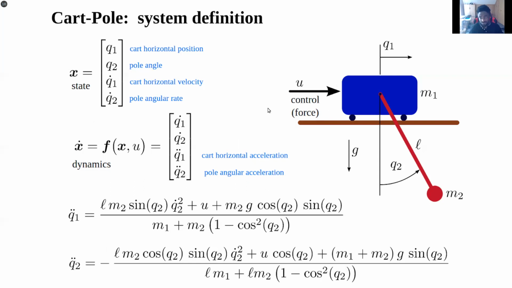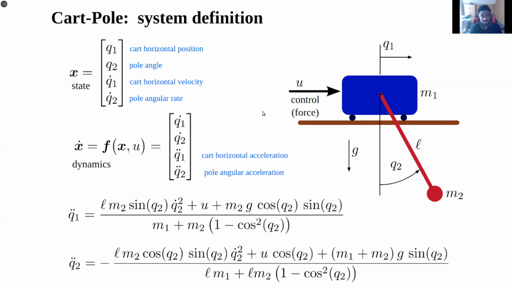Q1 is basically the position of the cat along this one-dimensional plane. We talked about this problem last week, so I'm just going to briefly describe it. Q2 represents the orientation, the angular displacement of this pendulum. Q1 dot represents the linear velocity of the cat, and Q2 dot represents the angular velocity of the pendulum.